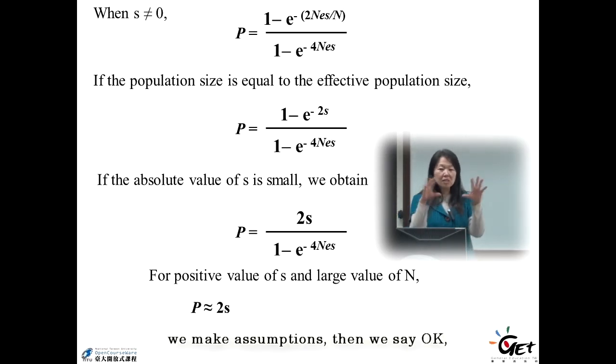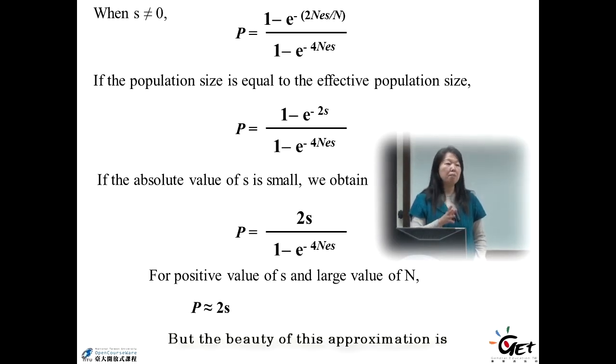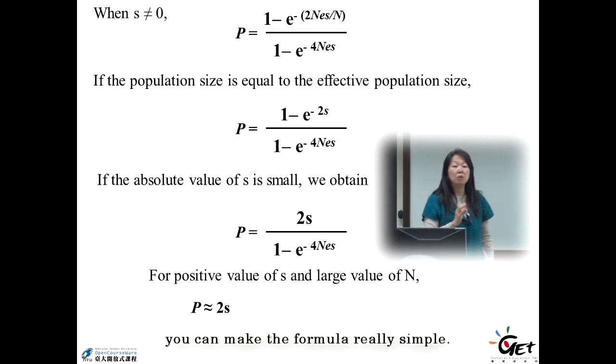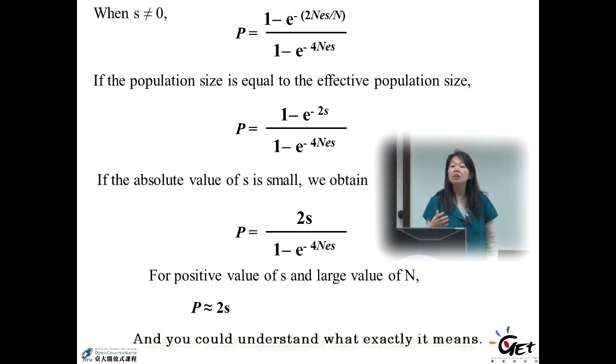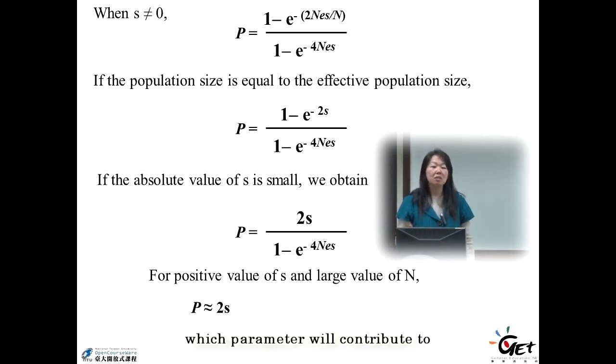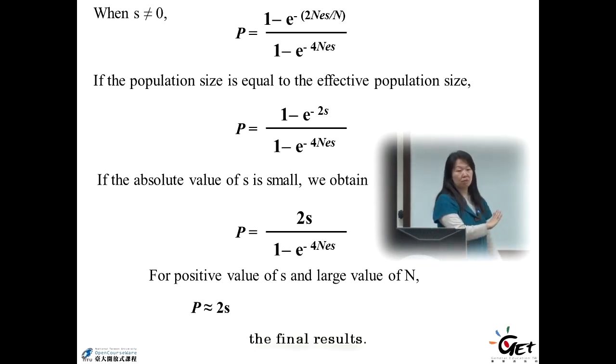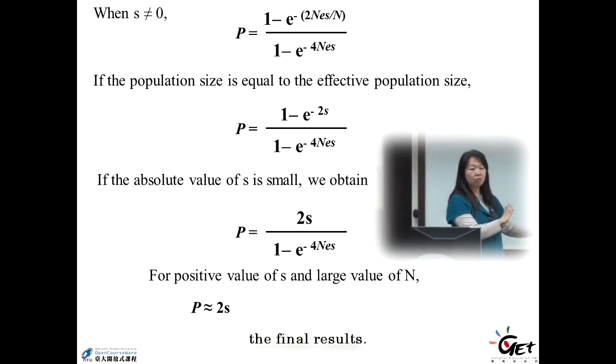So we make assumptions, then we say, okay, approximately what would be the number. But the beauty of this approximation is you can make the formula really simple and understand what exactly it means, or at least know which parameter will contribute to the final results.